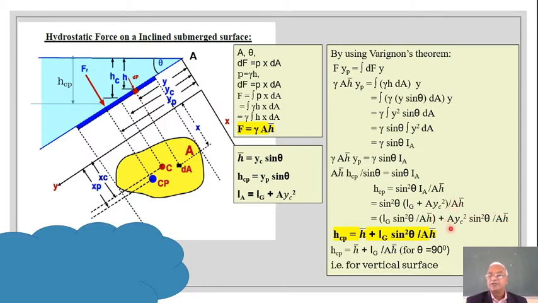Now from this one can say that yc sine theta is nothing but h bar itself, so it will be h bar squared. So A cancels, h bar squared, only h bar remains, and this term remains as it is, Ig sine squared theta divided by A h bar.